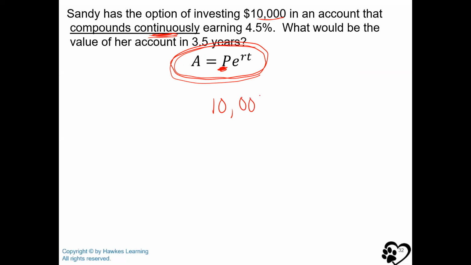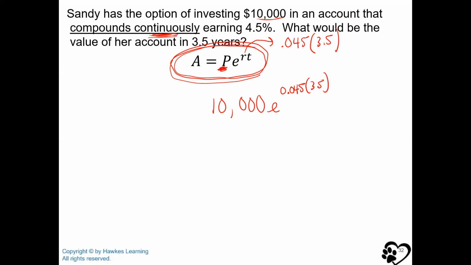So you're going to put your big number, $10,000. You're using your natural e on your calculator. Your exponent is going to be your rate as a decimal times time, 3.5. So this is our exponent, 0.045 times 3.5. All of that is your exponent. We're using our calculators.